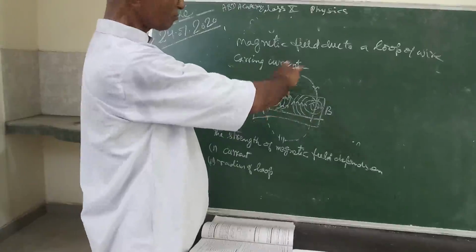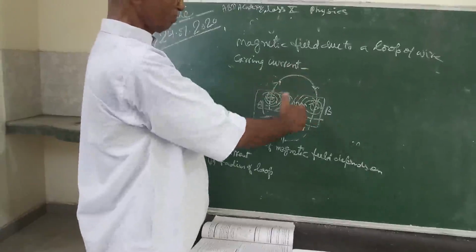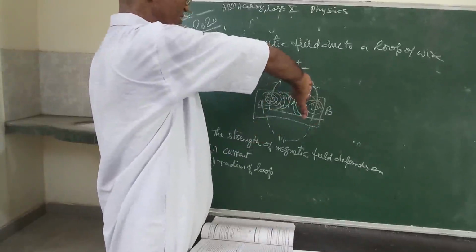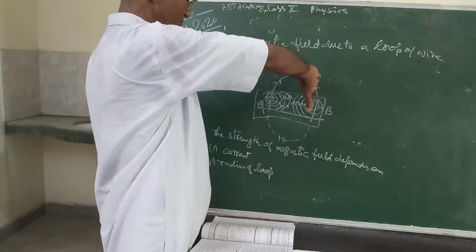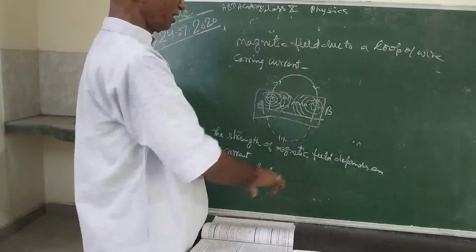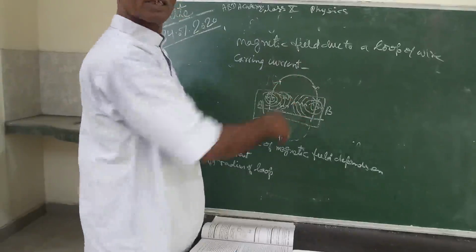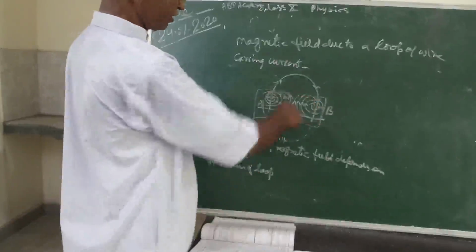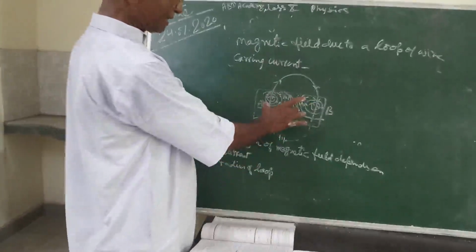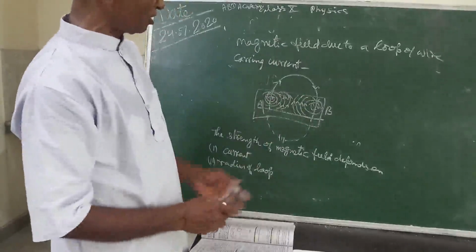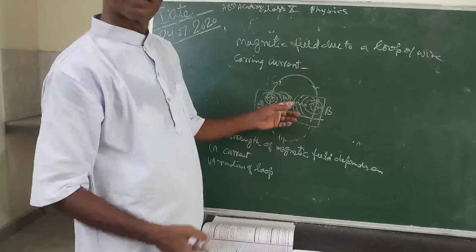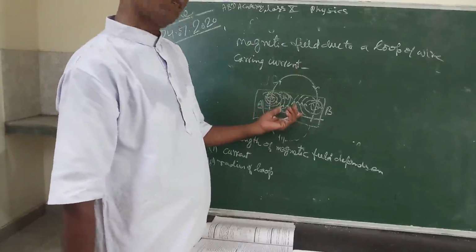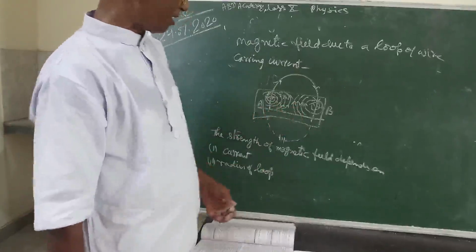And in the second half, again, if you hold the wire with your right hand thumb in the direction of current, then the clockwise direction of the magnetic field is shown here, and at the center of the loop, the direction of magnetic field is the same, which represents a strong and uniform magnetic field at the center of the loop.